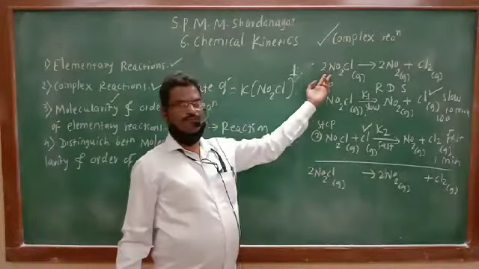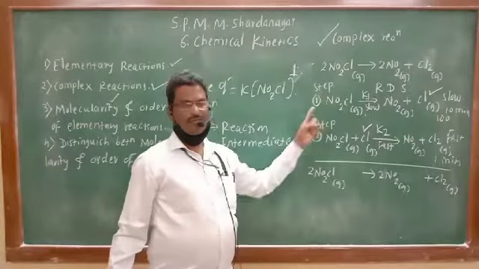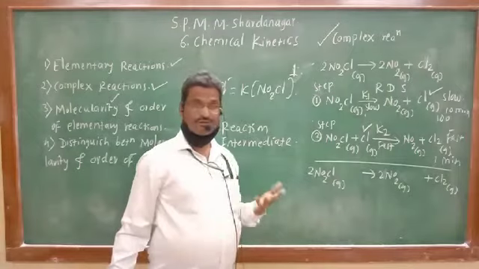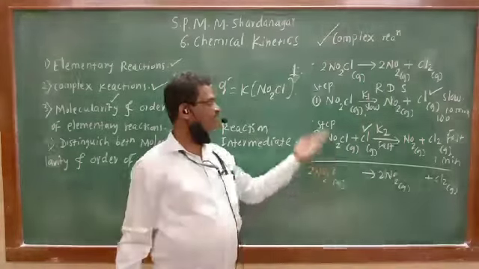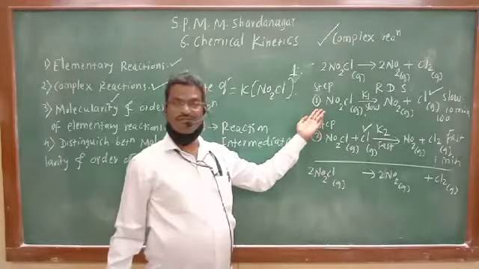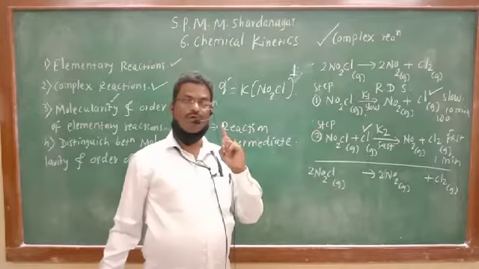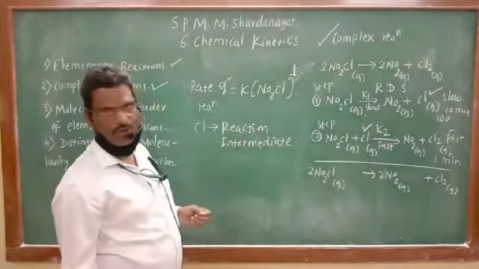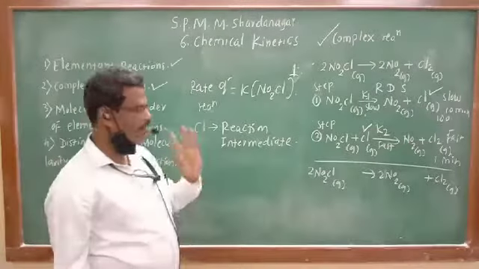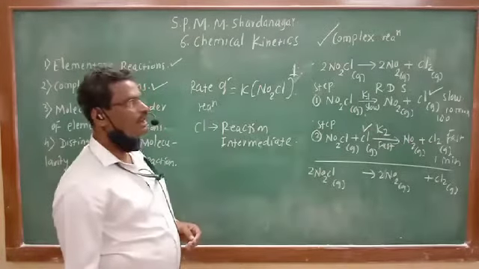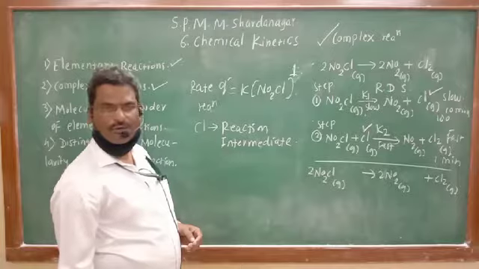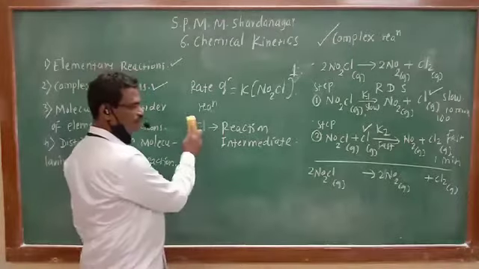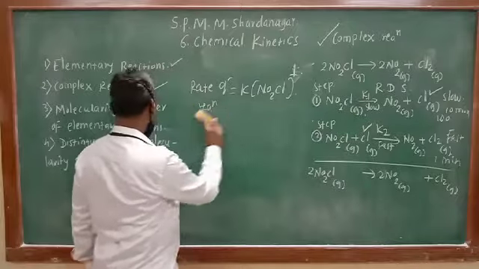Molecularity is 2 but order of reaction is 1 because the rate of reaction depends on the first reaction, where only one molecule of NO2Cl is involved. That is about the molecularity and order of complex reaction, how they are different from each other.